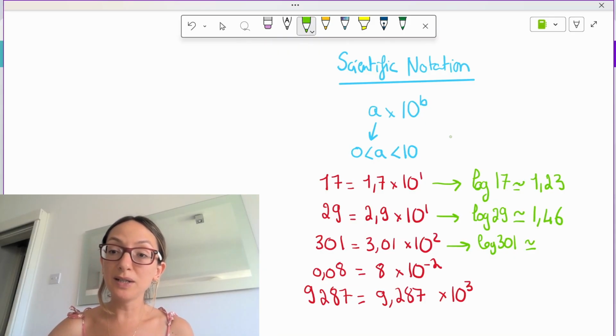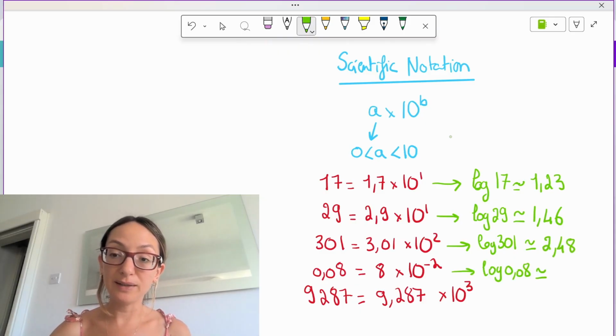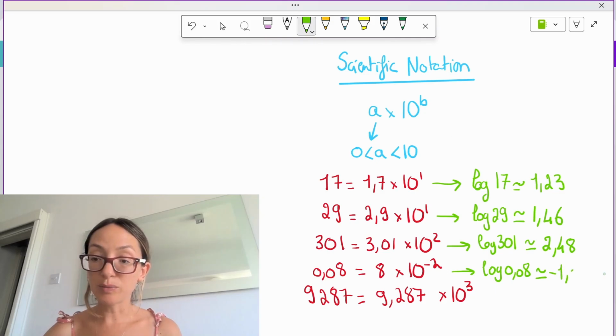Log of 301 is approximately equal to 2.48. Log of 0.08 is approximately equal to minus 1.1.